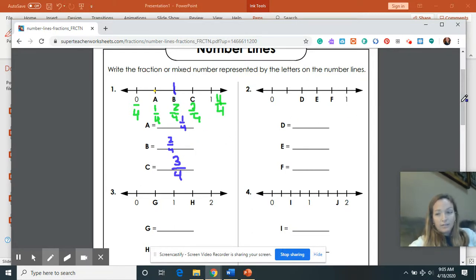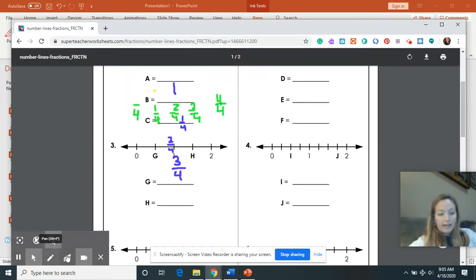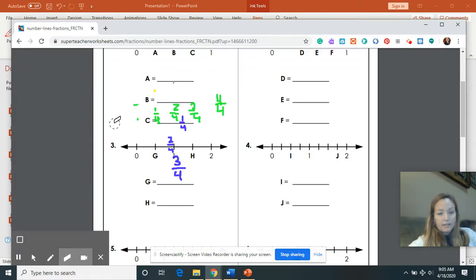Now, I'd like to scroll down and show you when we have fractions that are greater than a whole. So 2 wholes, 3 wholes, 4 wholes. Okay.